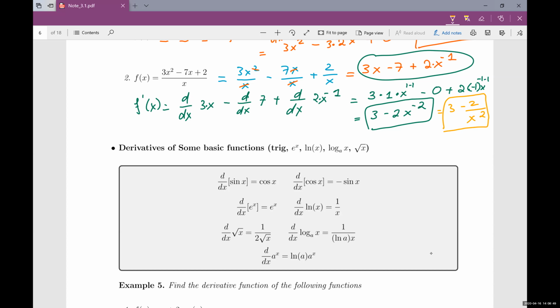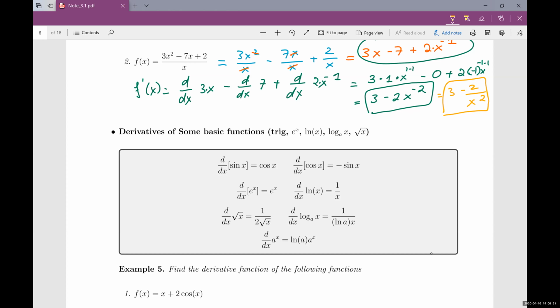So here's a table of the derivatives of some basic functions. We just talked about sine and cosine of x. The derivative of sine is cosine. The derivative of cosine is negative sine. The derivative of e to the x is e to the x. The derivative of ln x is 1 over x.